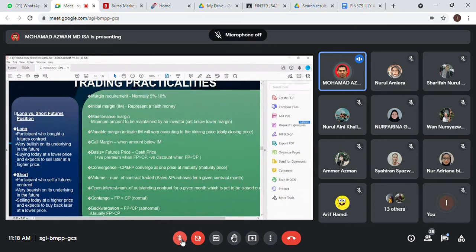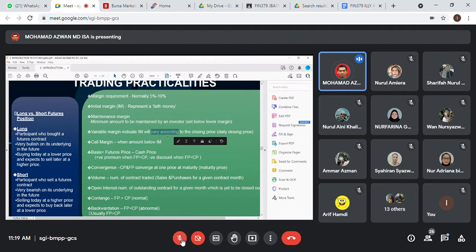So kalau hari esok katakan you lost 10,000, you lost 1,000. That is your floating loss lah, or variable margin. Faham tak? And then katakan Wednesday you profit balik 500 ringgit.